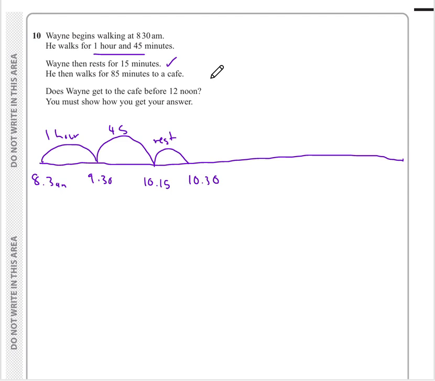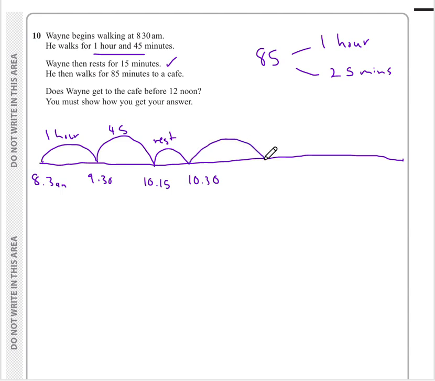And then he's going to walk 85 minutes to a cafe. So let's have a think about splitting that up into hours and minutes. That's going to be 1 hour. 1 hour is 60 minutes, isn't it? We've got 25 minutes left over.